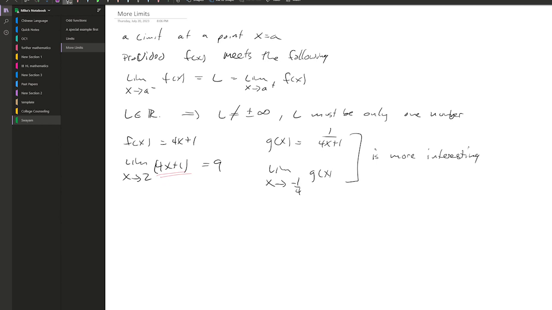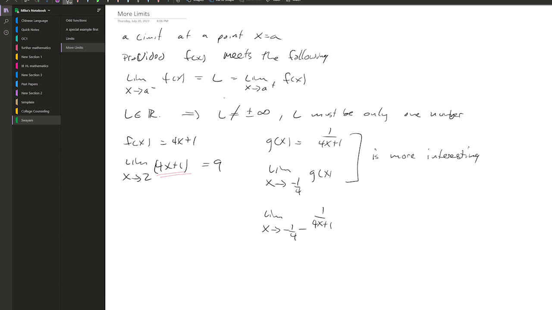And so now we want to figure out what happens for this problem. If I choose the limit as x goes to negative 1 over 4 from below of 1 over 4x plus 1, then what does that look like? Well, those are numbers that are smaller than negative 1 over 4, so that could be something like negative 1.